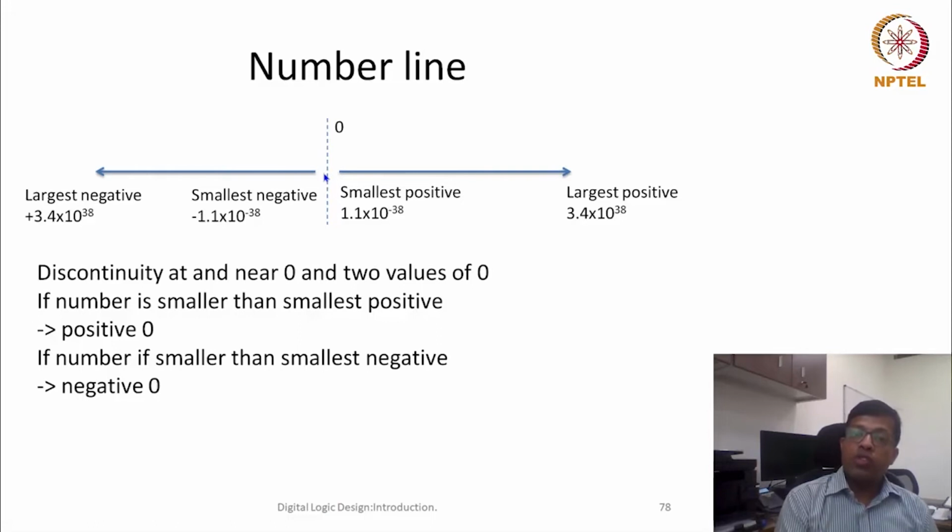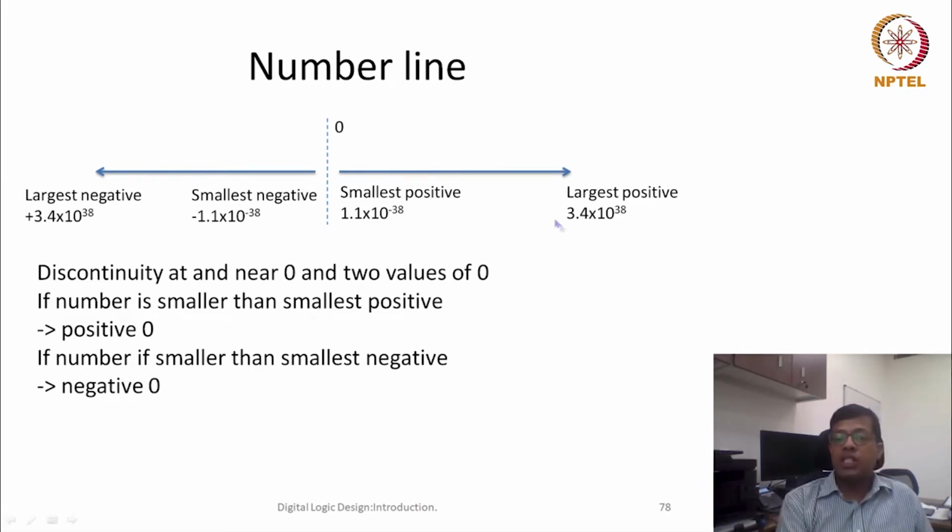So what do we call a number which is larger than this? 10 to the power 38 itself is a very large number. If a number is even larger than this, what should we call it? Can we call that infinity? Yes. So there could be now two infinities. One is a positive infinity, the other could be negative infinity.